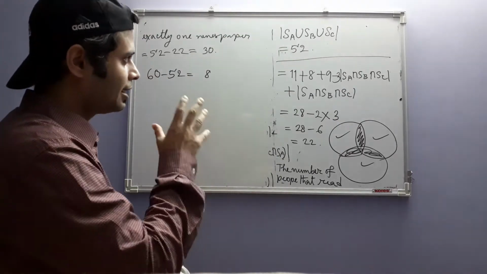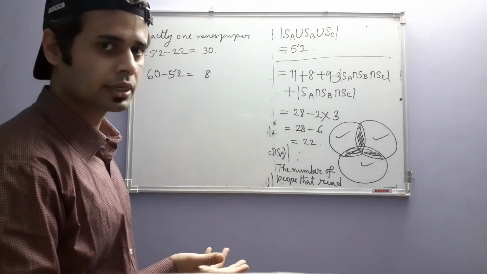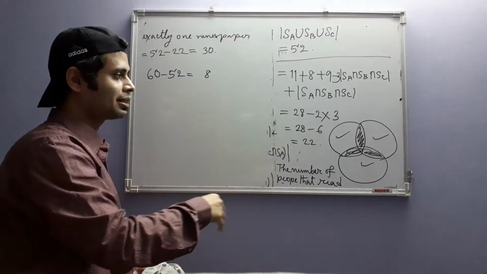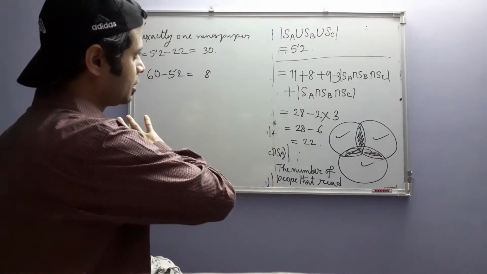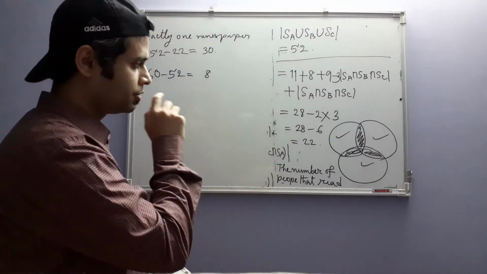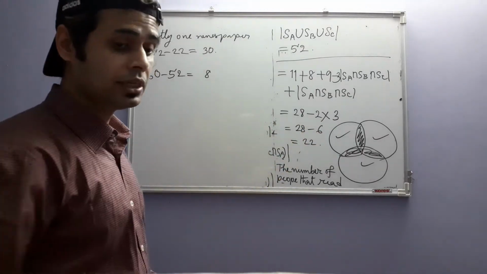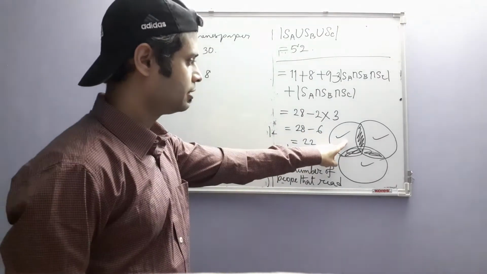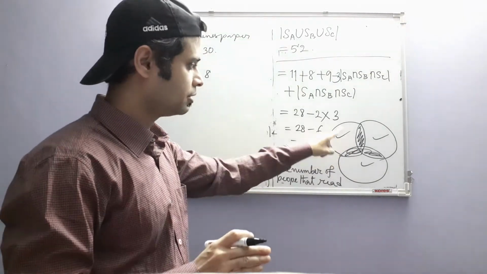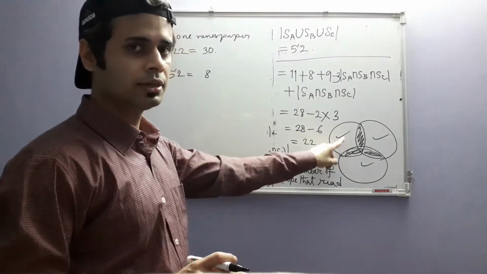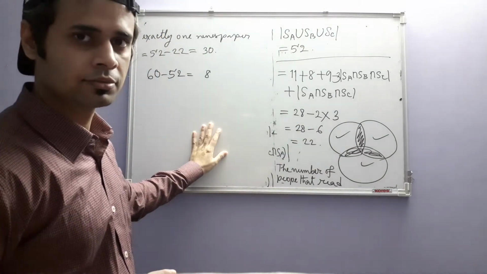I have chosen the more complicated one involving three sets because it shows you all the different possibilities of finding how many people read newspaper A, and we can also try to find how many people read exactly newspaper A. So that is left to you.